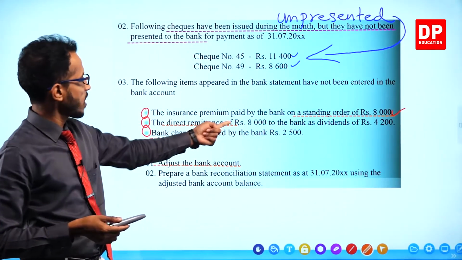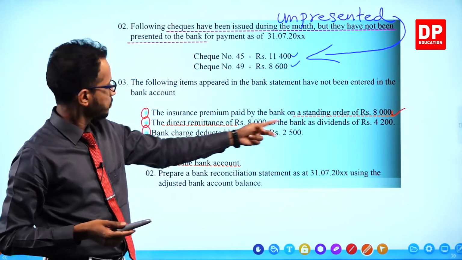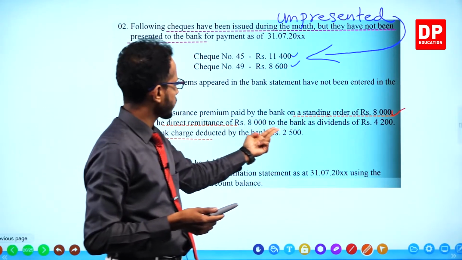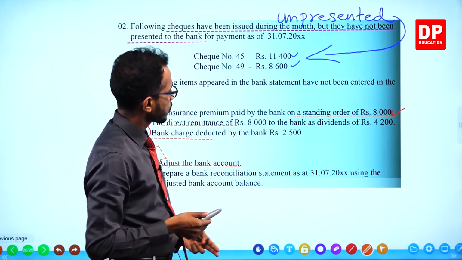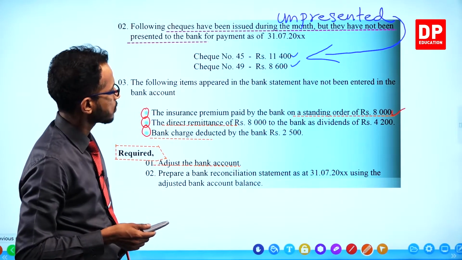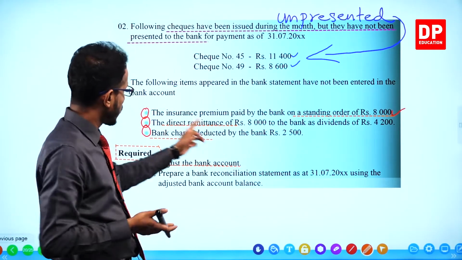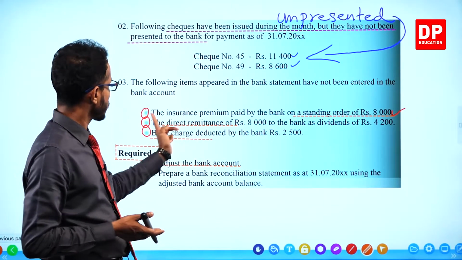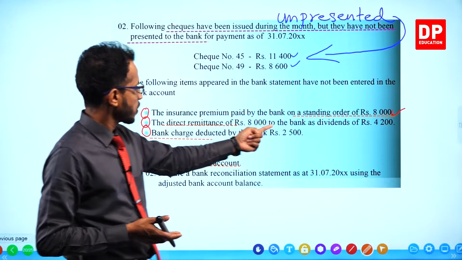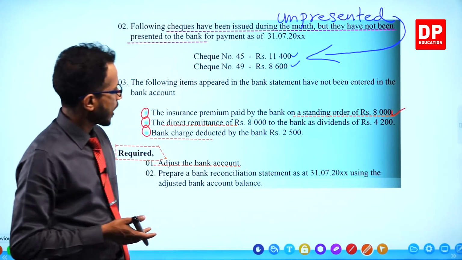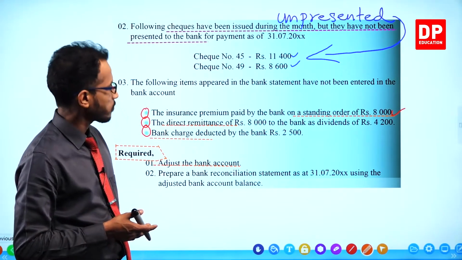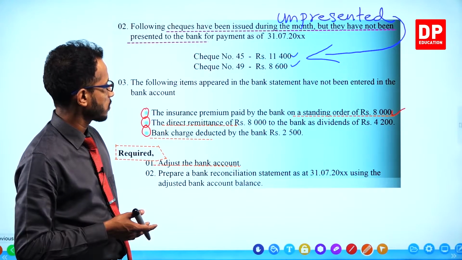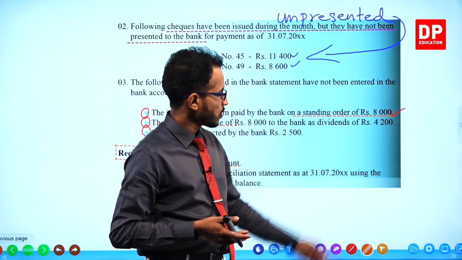Direct remittances. We have direct remittances of 8,000 and to the bank as dividends of 4,200.